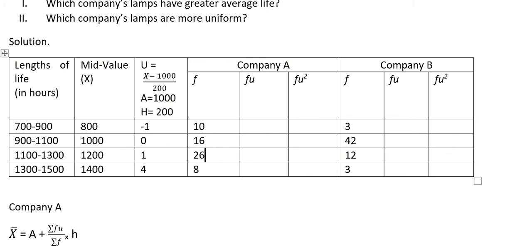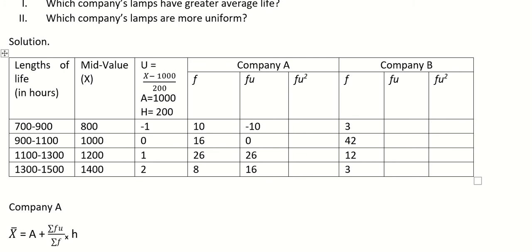So 10 into minus 1 is minus 10. 16 into 0 is 0. 1 into 26 is 26. 4 into 8... Sorry, I took 100 common there instead of 200. That's why there was an error. Now I am taking 200 common. So the new values are minus 1, 0, 1 and 2. So we have calculated fu this way.